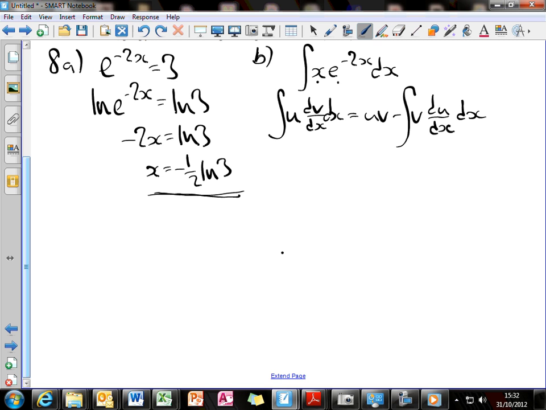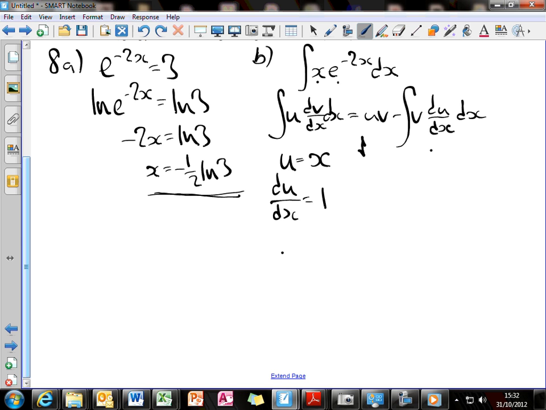So we have to be careful what we pick to be u and v for this. Now the best thing to do is pick u to be x, because when we differentiate x we get 1, and that's going to help us out.